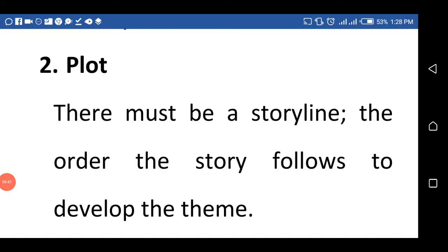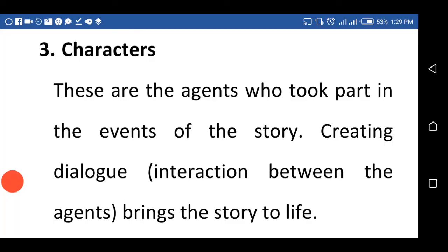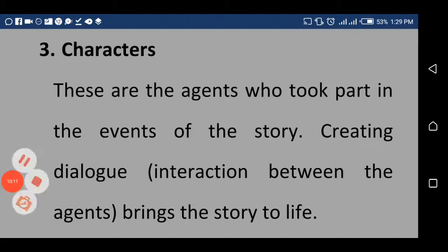There must be a storyline, that is, the order the story follows to develop the theme. 3, characters. These are the agents who took part in the events of the story. Creating dialogue, that is interaction between the agents, brings the story to life. So there must be characters in a short story.